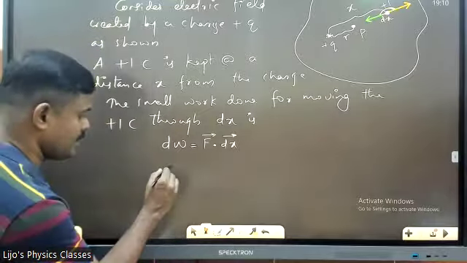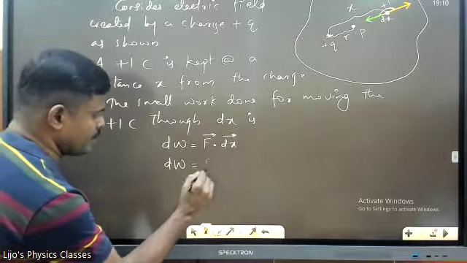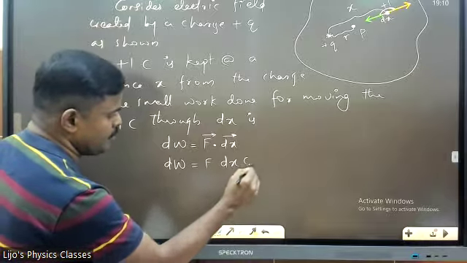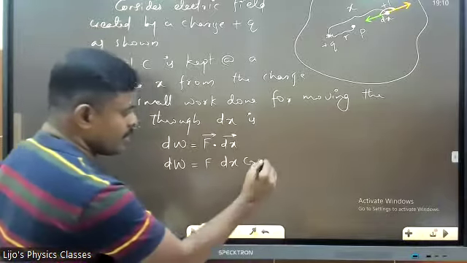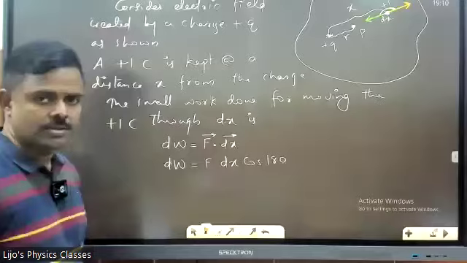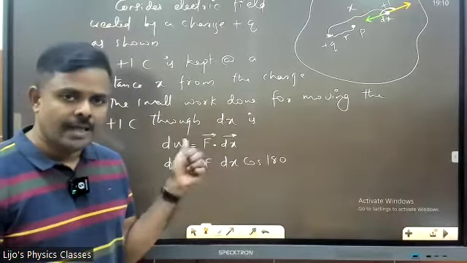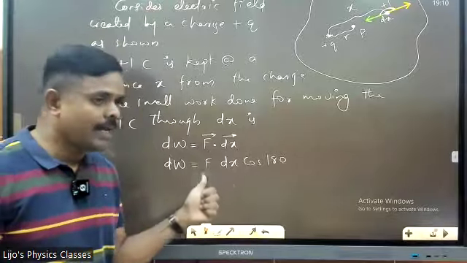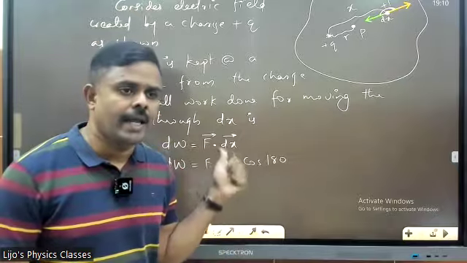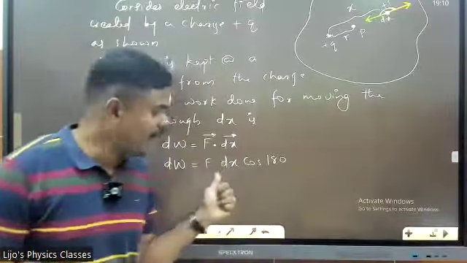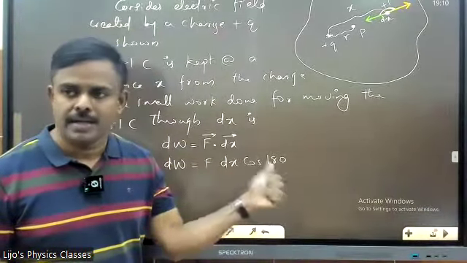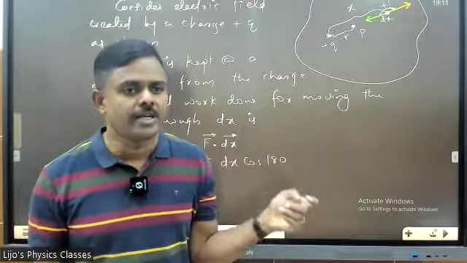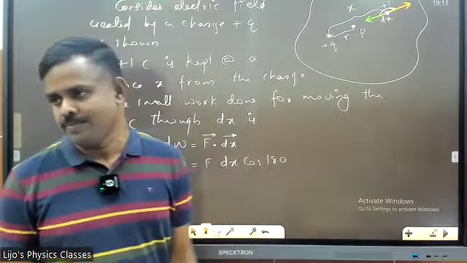So let us expand it. dw is equal to F into dx into cos 180. Do you understand how I got it? A dot B is equal to, tell me Vedant, AB cos theta. A dot B, the dot product, is AB cos theta. Right?